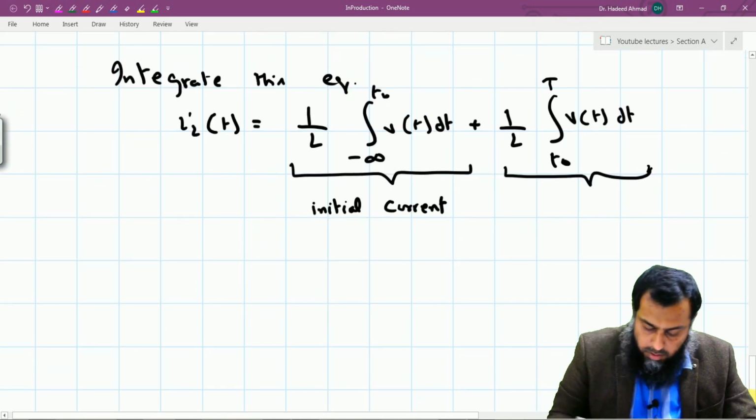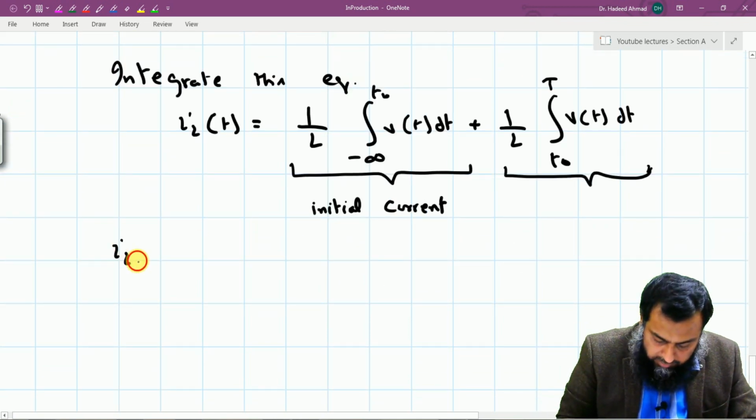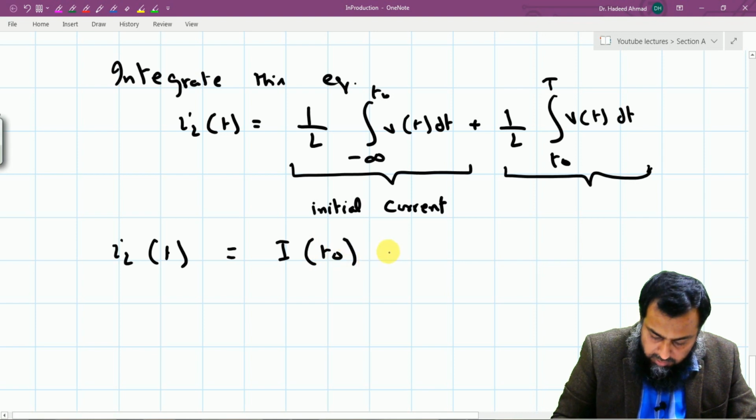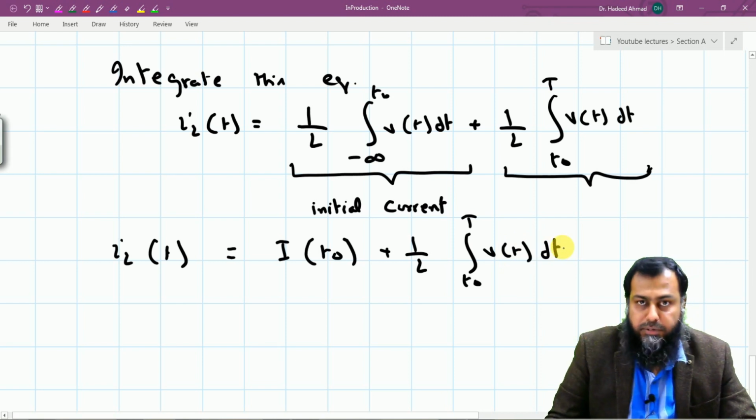So i_L(t) is equal to i(t0) plus 1 over L times the integral from t0 to t of v(t) dt, and this gives us the expression for the voltage and the current.